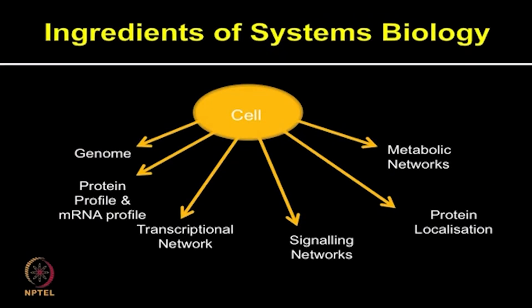If you are studying a cell and its systemic behavior, you need to look at the genome, its transcriptome profile, proteome profile, how protein DNA and different transcriptional networks are altered, protein-protein signaling networks, multimeric complexes, etc. We need to know how they are formed, how protein is localized in the intracellular dynamics and metabolic networks. These are the vital entities of studying systems biology.